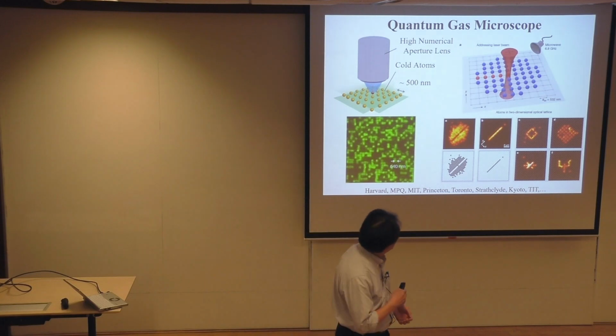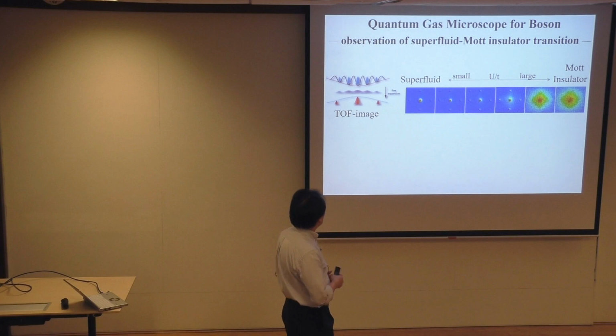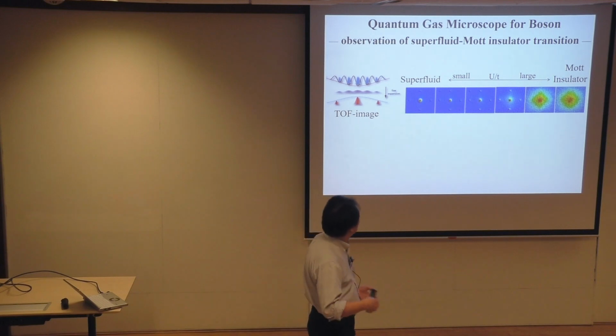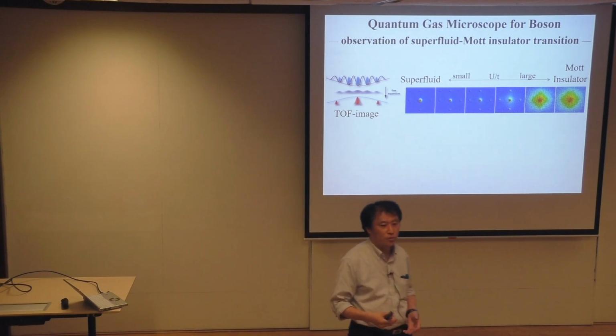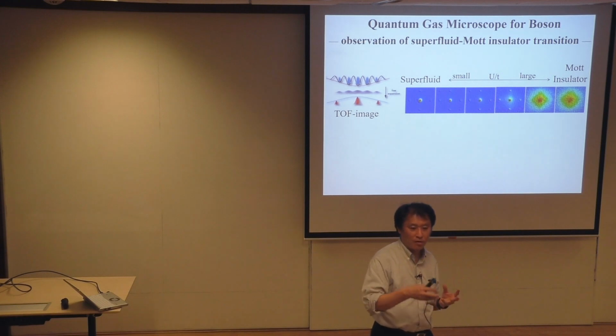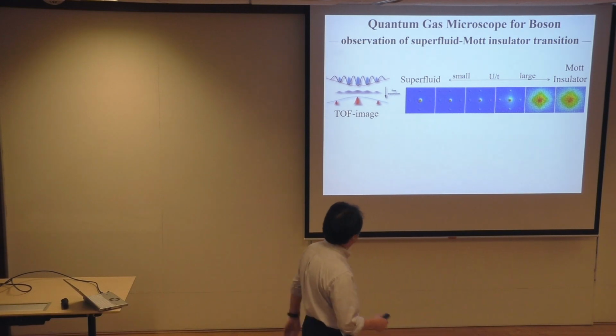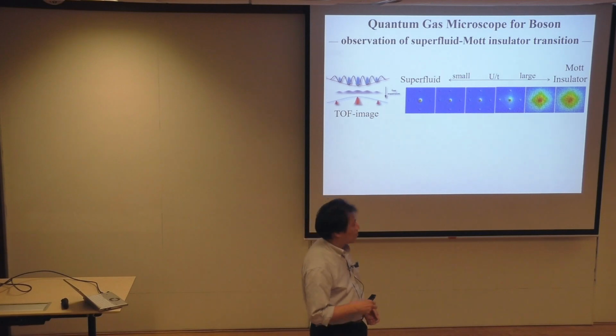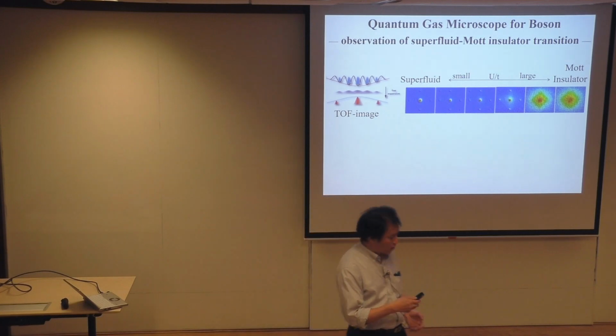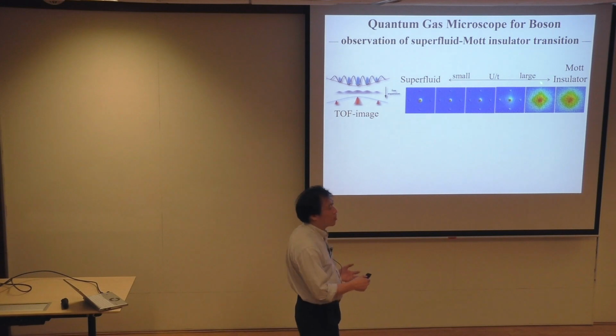The quantum gas microscope technique was first demonstrated for bosons in an optical lattice, namely the Bose-Hubbard model. An important phenomenon of the Bose-Hubbard model is the superfluid to Mott insulator transition.